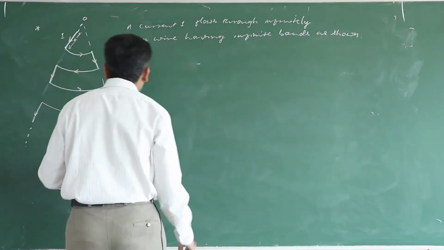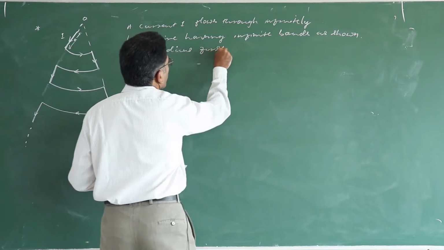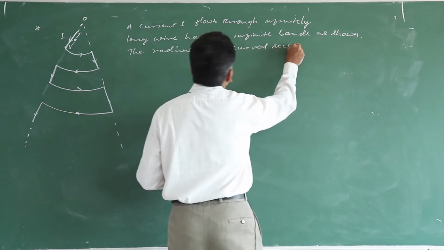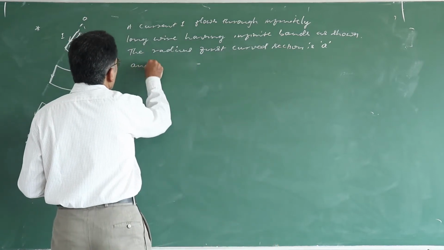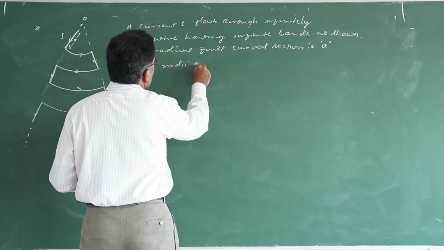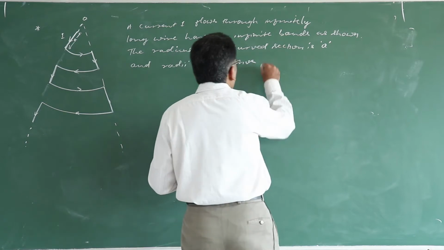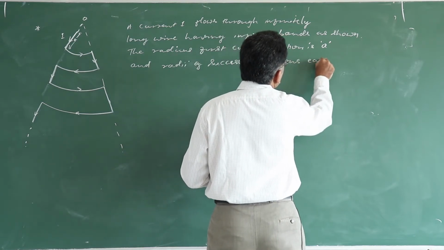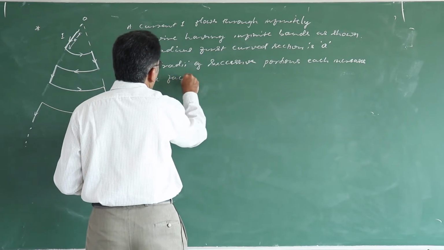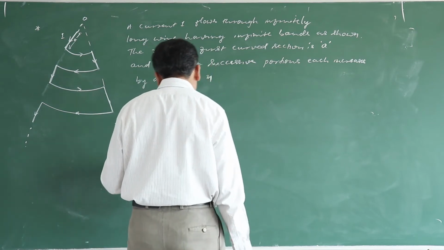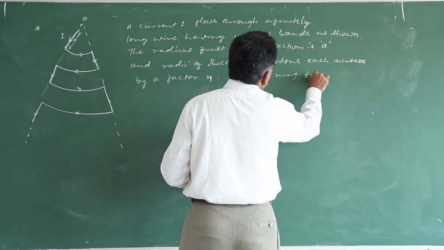The radius of the first curved section is A, and the radii of successive portions each increase by a factor n. Find the magnetic field at O.